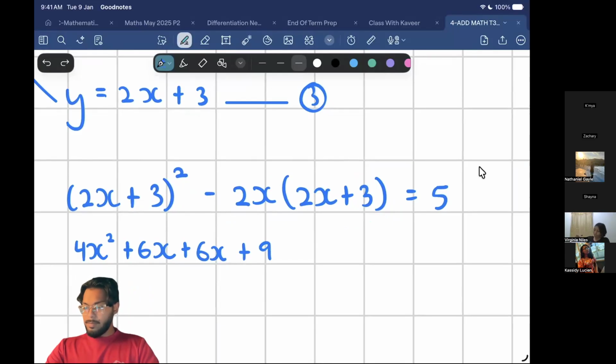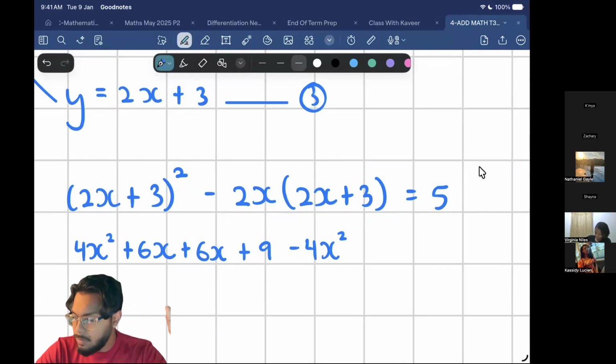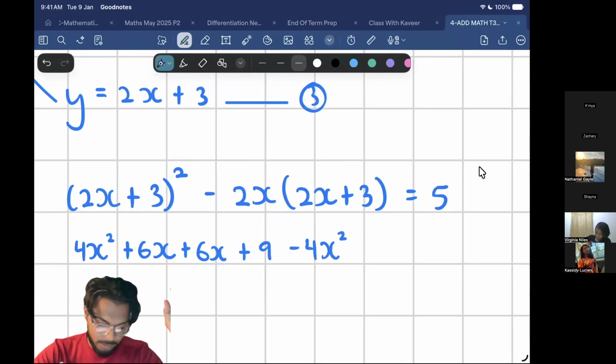That would be minus 4x squared, minus 6x.